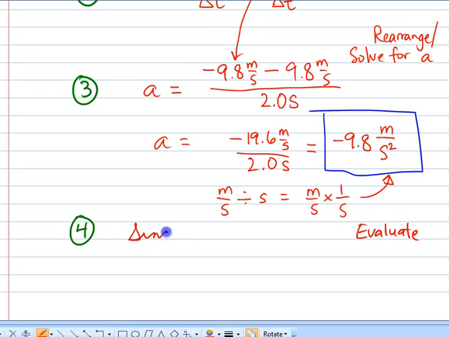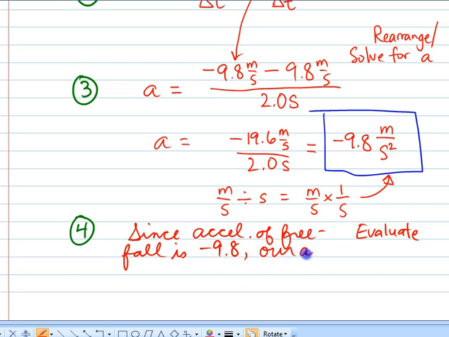So since the acceleration of free fall is negative 9.8, it makes sense. So our answer makes sense.